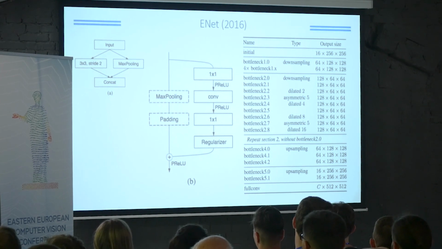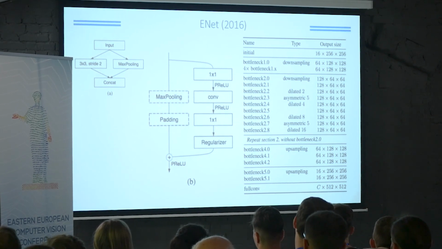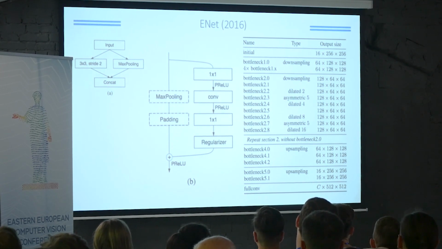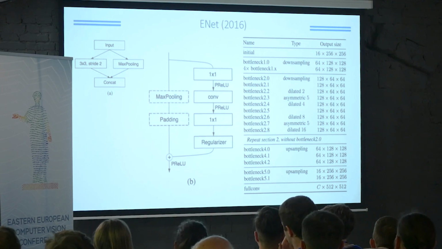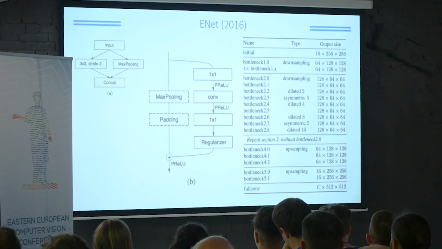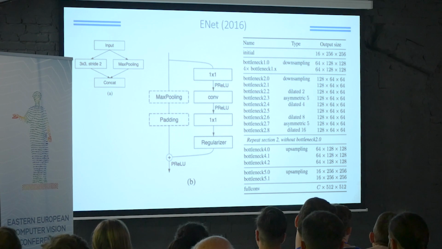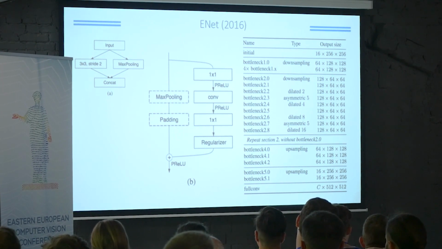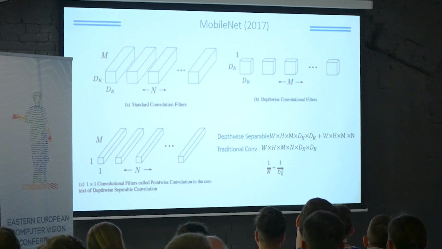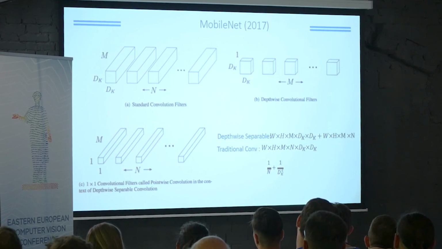And they noticed for semantic segmentation tasks that usual architectures are symmetric in terms of encoder-decoder. And they decided that a decoder doesn't need a lot of convolution layers, so they made it much smaller.